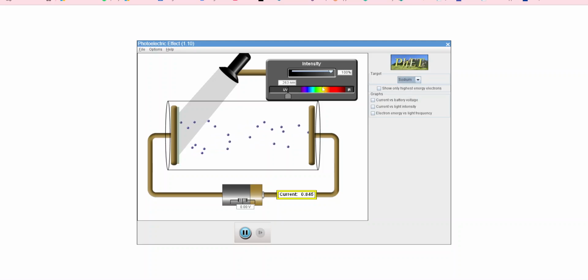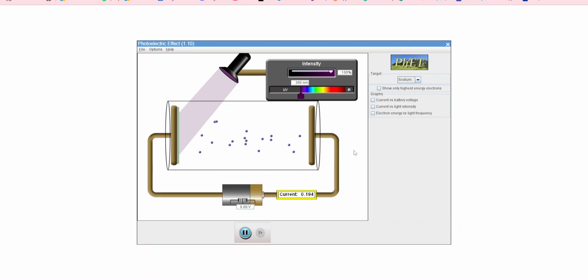But let's say we're doing sodium and we have a purple laser pointer. I think my laser pointer is somewhere around 380. So you can actually use a purple laser pointer and shine it at sodium, and electrons will be released.